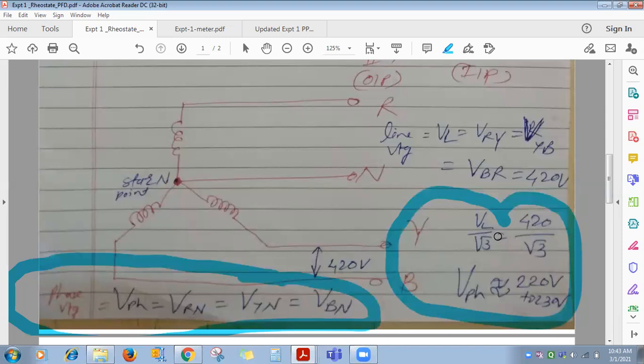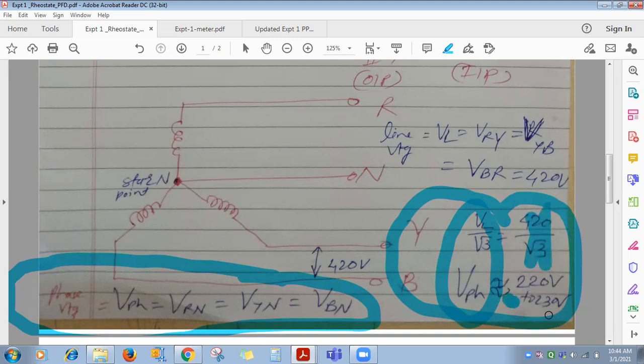So what is the relationship? This unit on three-phase AC circuits is included in your syllabus. You will derive in that unit VL by root 3 is VPH. What is VL called? Line voltage. How much is its value? 420 volt divided by root 3. You will get phase voltage approximately 220 to 240 volt.